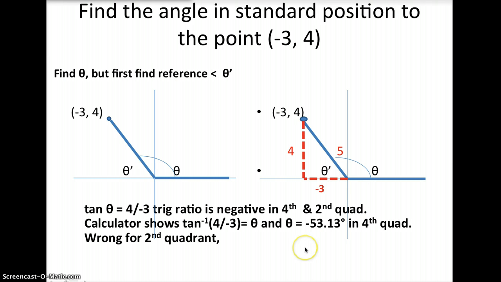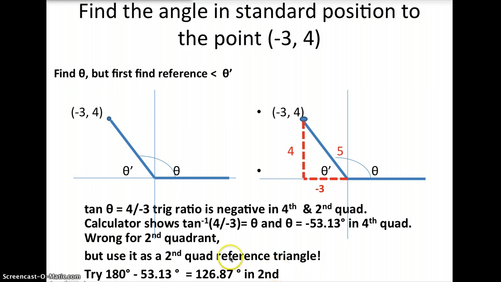Wrong quadrant, supposed to be in second quadrant. So I'm going to use that reference angle, which is 53.13, and this time I'm going to go again to the 180 axis. If you remember from your geometry, vertical angles are congruent, so 53.13 in this quadrant would be 53.13 into this quadrant, subtract it from 180, and that would give me the 126. This is the same one we just did.